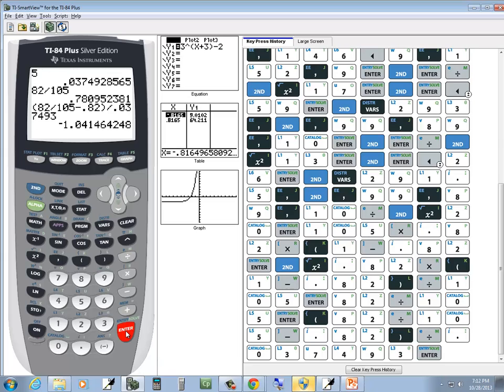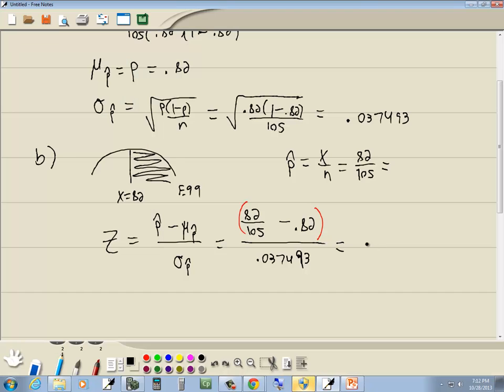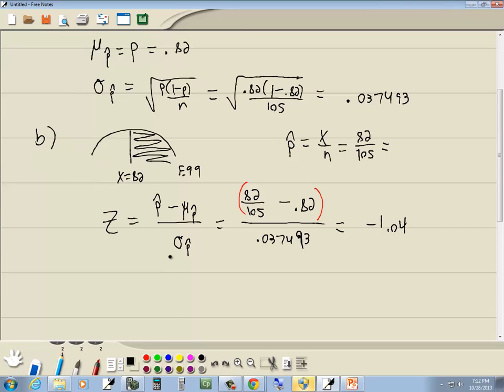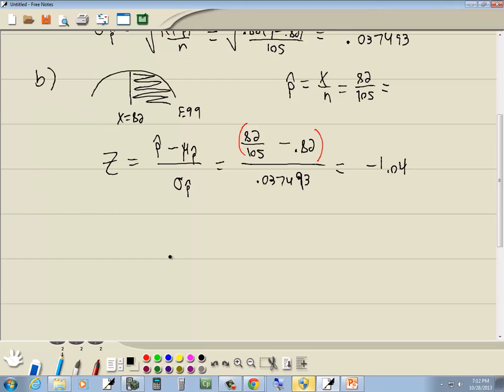Enter. 2 decimal places would be negative 1.04. Now what our picture looks like now is it's no longer x equals down there, it's z equals negative 1.04. And we're still shading to the right, that never changes.